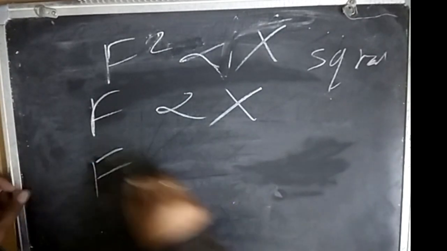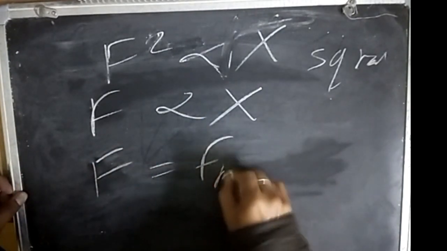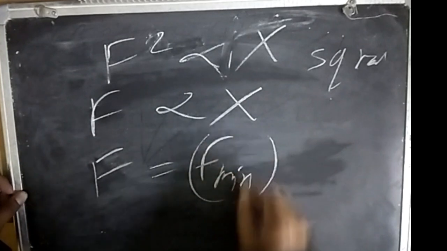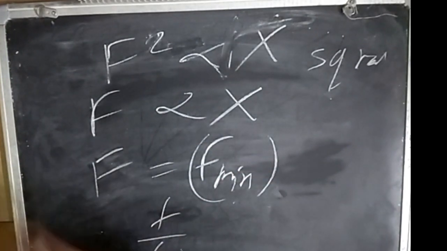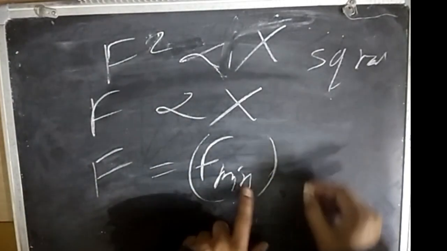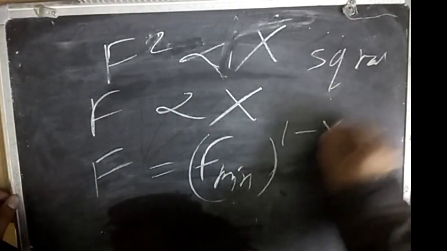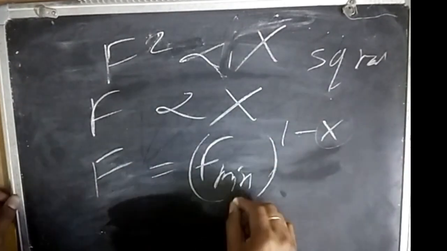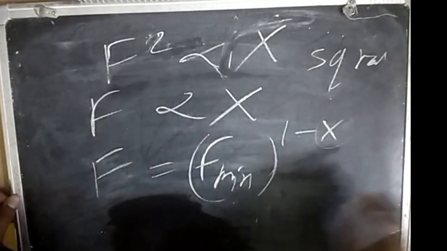For equal percentage, they have two relations. F upon F min, and these are dimensionless, equals F min to the power 1 minus X. We know X, and X is X upon X max.